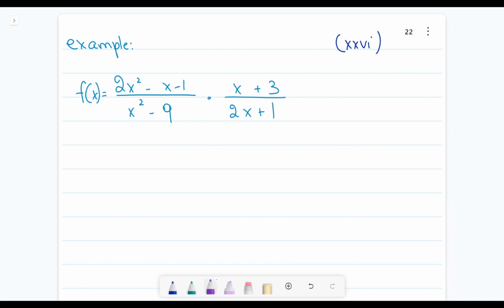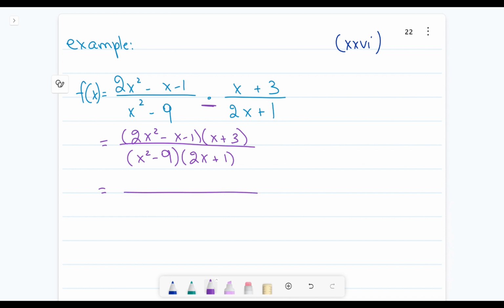So if we are told that f of x equals 2x squared minus x minus 1 divided by x squared minus 9 times x plus 3 divided by 2x plus 1. So we would like to simplify this. First, we have a multiplication here, so I will multiply the numerators and we will multiply the denominators.